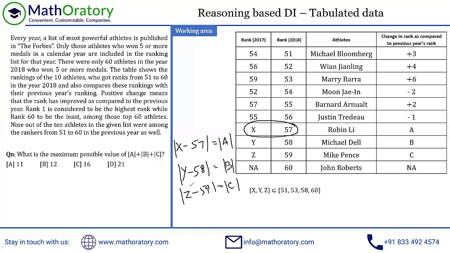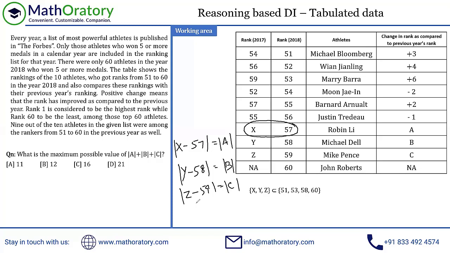So focus on the numbers here. This 57, 58, and 59 are pretty close numbers any which way, right? Whichever value I take to be far away from 57 is also going to be far away from 59. I mean, 57 and 59 themselves have a difference of 2. If it is far away from 57, it has to be far away from 59. If it is close to 57, it is pretty close to 59 as well.